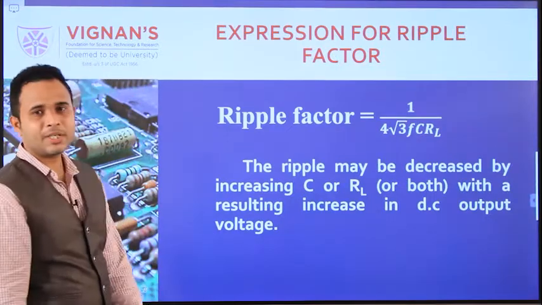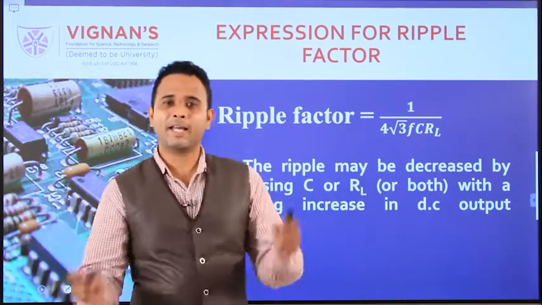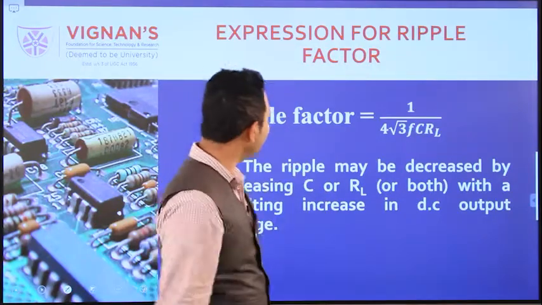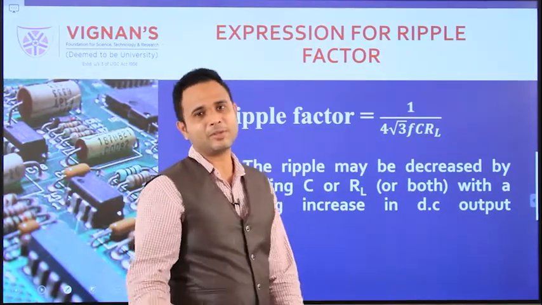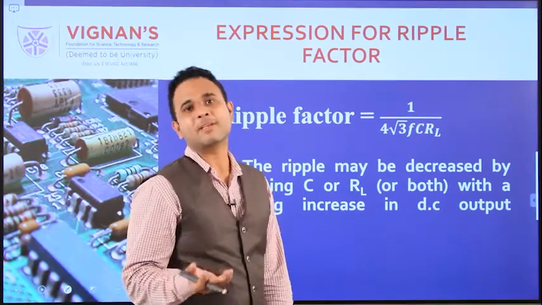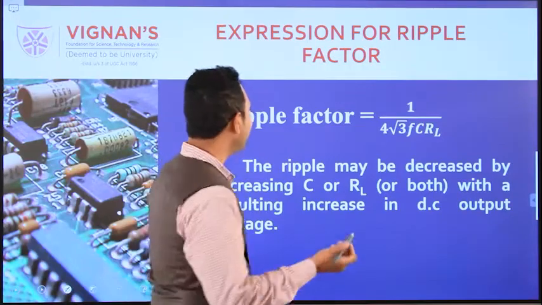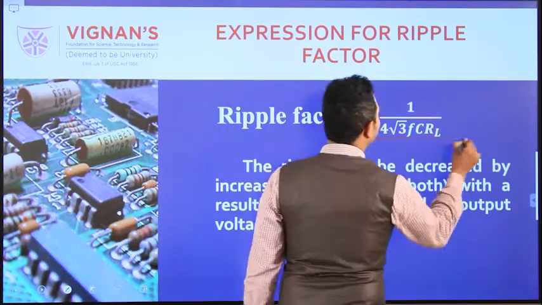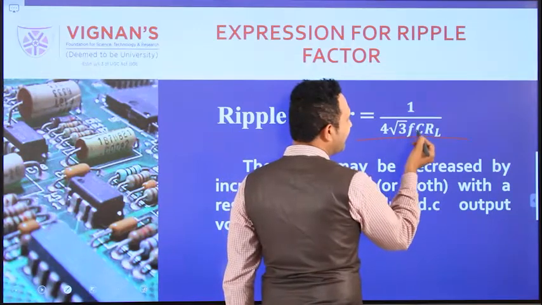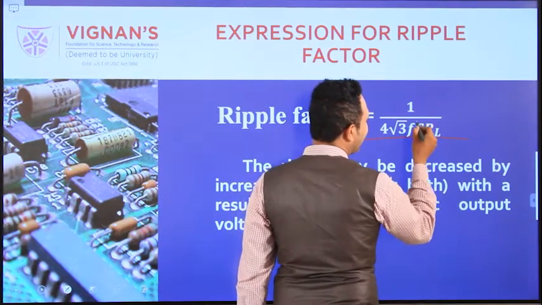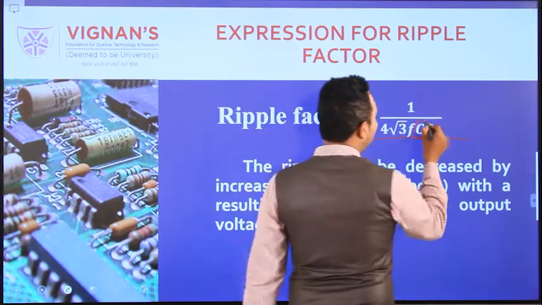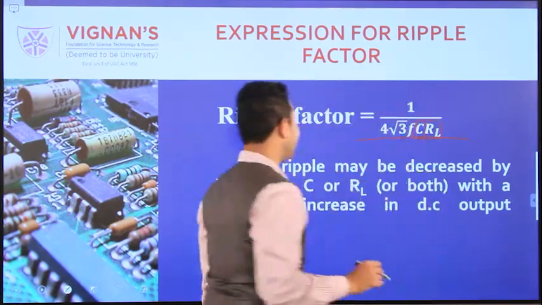Coming to the ripple factor. Every filter we discuss with the help of the ripple factor. What is meant by ripple factor? I told you, it is the AC component by the DC component. The ripple factor should be as low as possible. Here the ripple factor value is 1 by 4 square root of 3 f C R_L, where C stands for the capacitance and R_L is the load resistance.